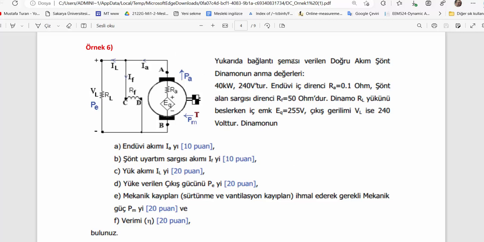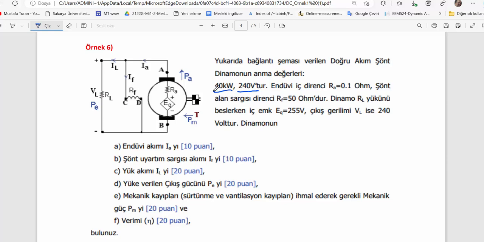On the left hand side there is a shunt dynamo and some parameters are given. This machine is written as 40 kilowatt and 240 volts.